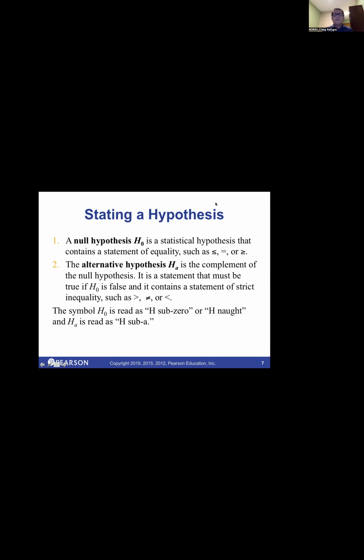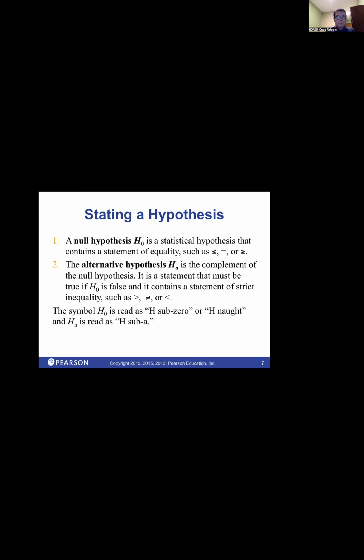The second is what we call the alternative hypothesis, represented in this slide as HA. Whenever you encounter HA, that represents the alternative hypothesis. But we have some variation. If you read other books in statistics, the null hypothesis is H0 and the alternative hypothesis is H sub 1.